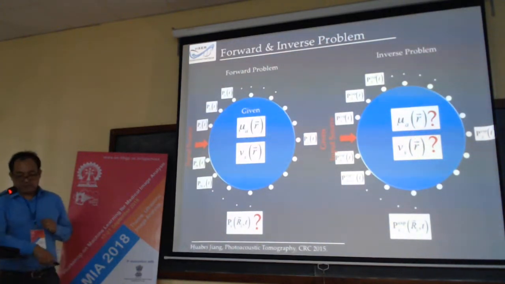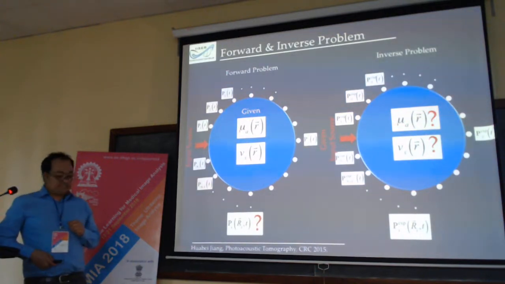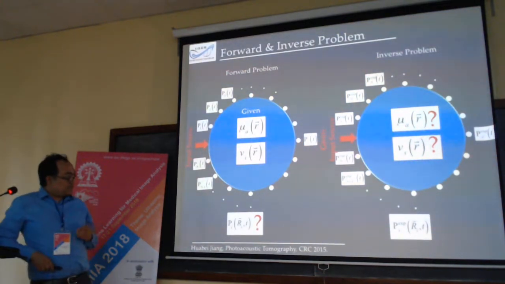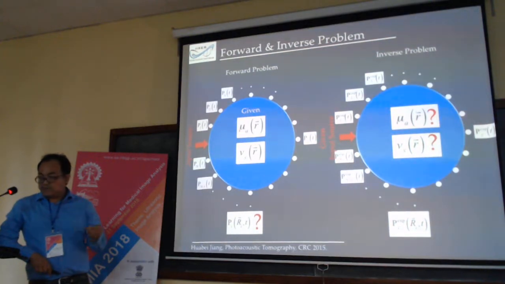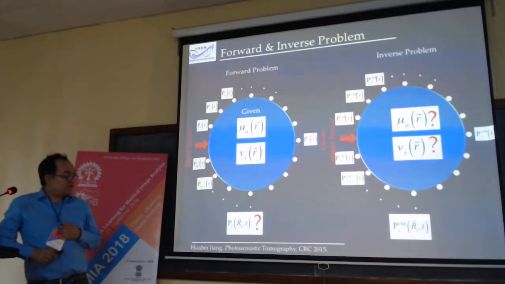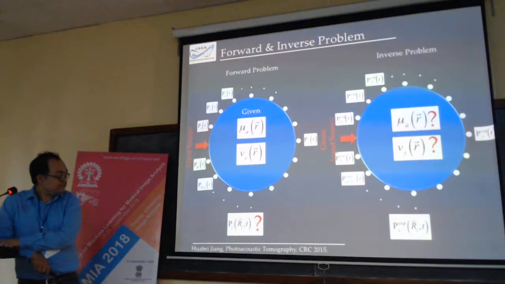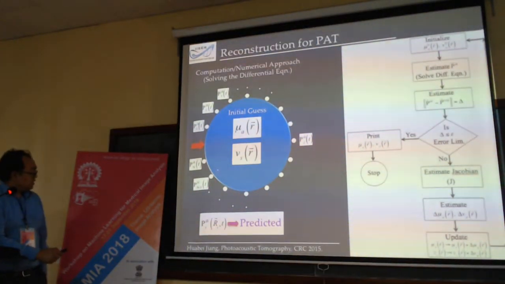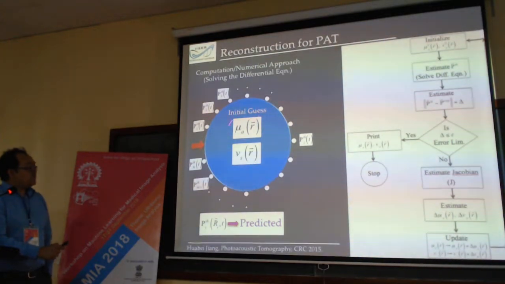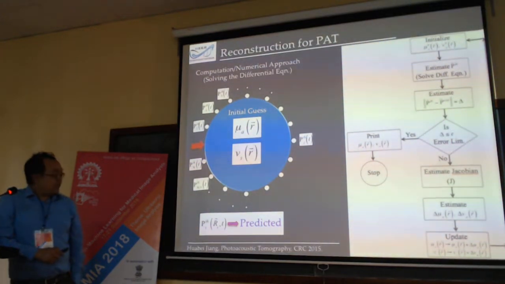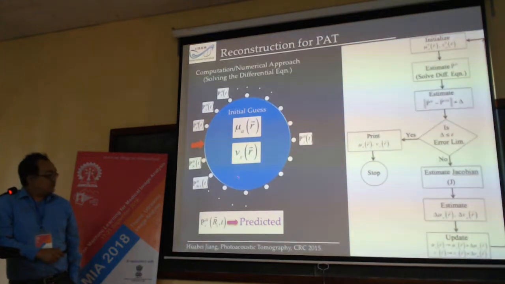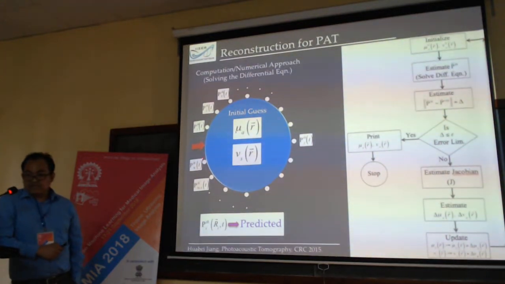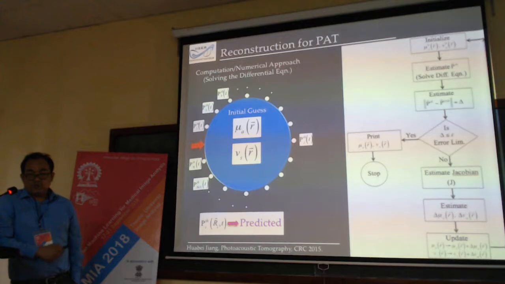This is our problem. How people do it is by solving the differential equations and implementing the iterative process. How, in this way? With an initial guess of the distributions of mu-A and the other physical parameters, we do the numerical solutions of the differential equations.